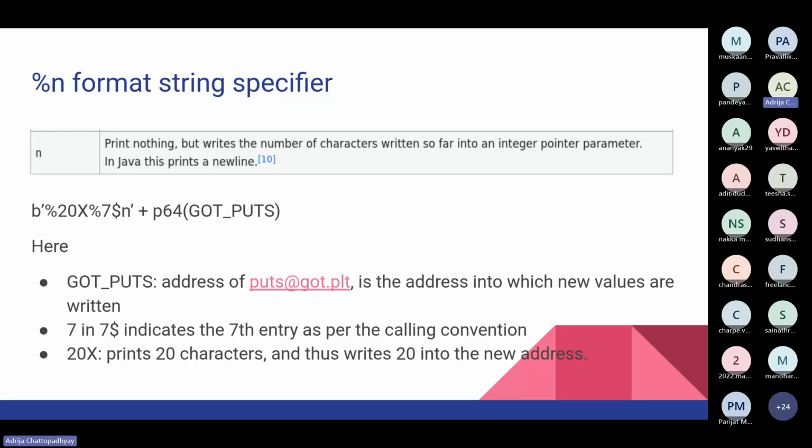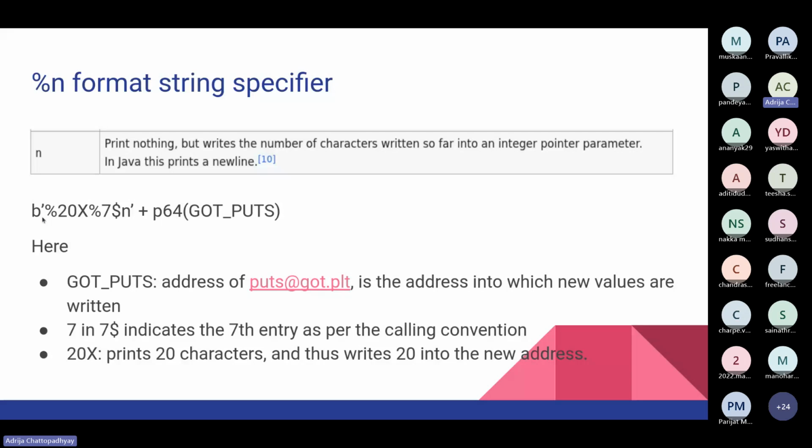You provide it with a number and a dollar sign, so that's the position we want to write into, the address present at that position. I know it's a bit confusing, we'll go through it slowly. But basically, it takes one parameter, an address, and it writes the number of bytes that have been printed so far. These are the two most important things.